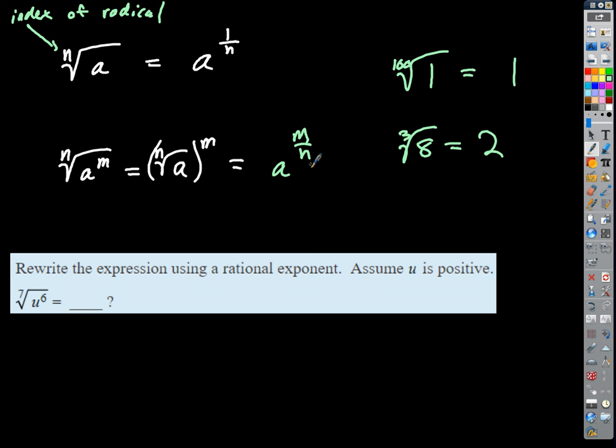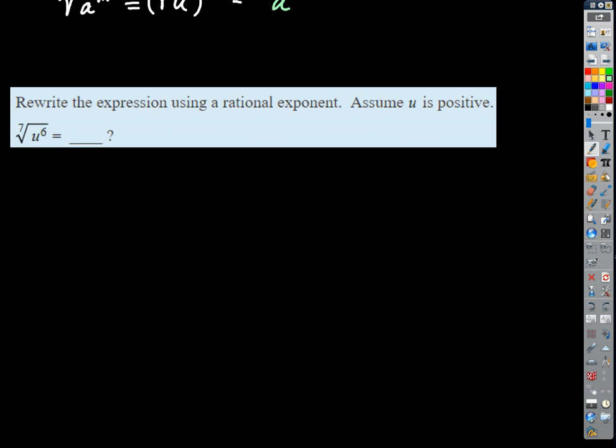And it means either one of these. It means I'm taking the nth root of a to the m, or I could take the nth root of a all to the m power, right? Either way, I just get a to the m over n. So these are really simple. So if I want to write this as a fractional exponent, what is it? U to the 6/7. That easy.